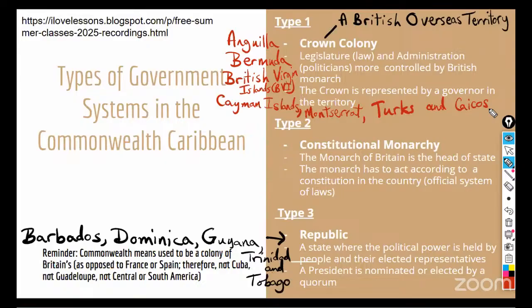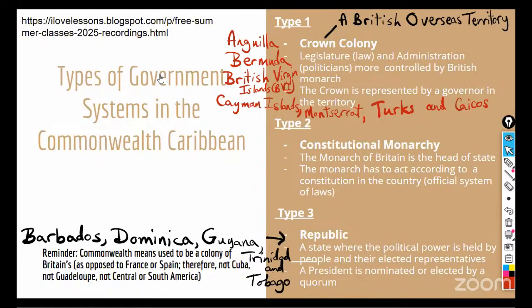Okay, so Cuba is not a member of the Commonwealth because their government system was shaped by Spain because they were a Spanish territory. Puerto Rico is an American associated state. Jamaica is a constitutional monarchy.